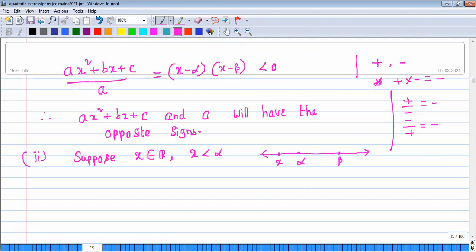First of all, we conclude that x is less than alpha, as well as alpha is less than beta. So here we get two cases again.